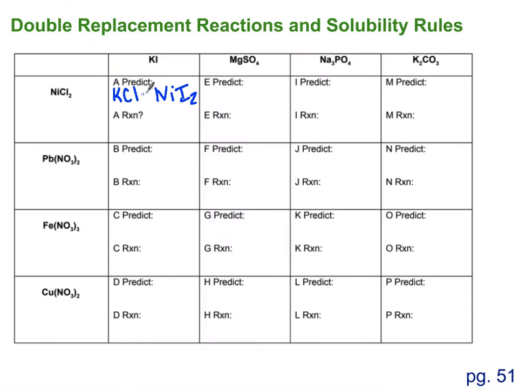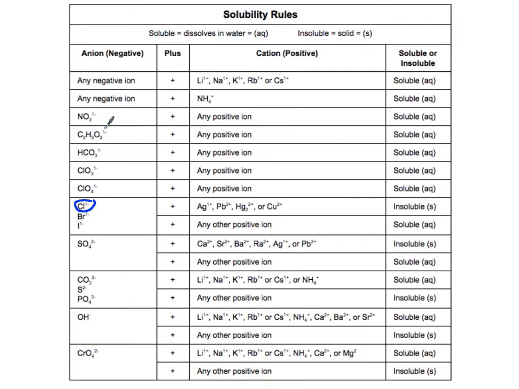Now let's look at our other one, NiI2. I'm going to indicate that this is aqueous. So NiI2, let's see if this reaction occurs. We have an iodide ion.